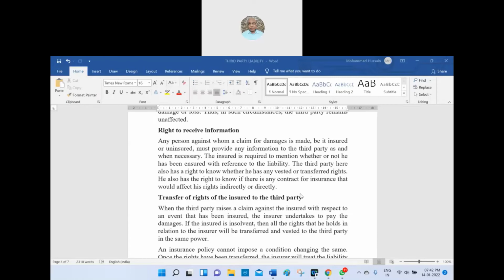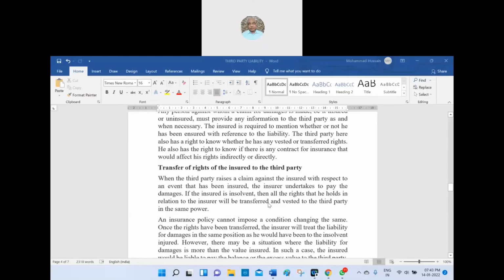If the insured is insolvent, then all the rights that he holds in relation to the insurer will be transferred and vested in the third party in the same manner. All the rights which are there for the insured will come to the third party, and the third party will claim against the insurance company. An insurance policy cannot impose a condition changing the same.